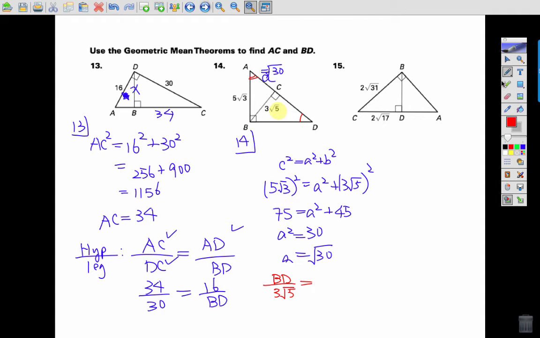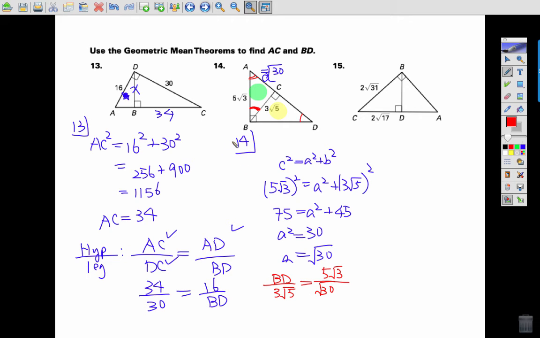So now if I go into my other triangle in green, my hypotenuse there is 5 root 3. And then in the denominator, I need the leg that faces 1 tick mark, which is in that triangle. So the leg that's opposite of this angle would be the AC. AC is root 30. So you can cross multiply and solve it that way.